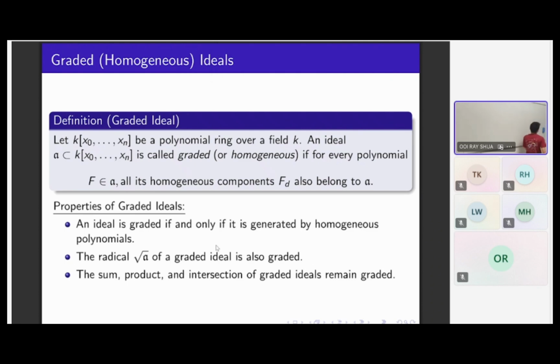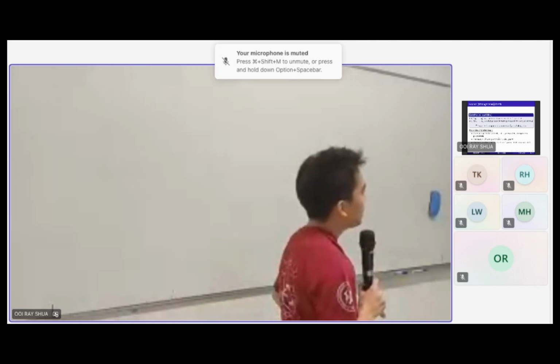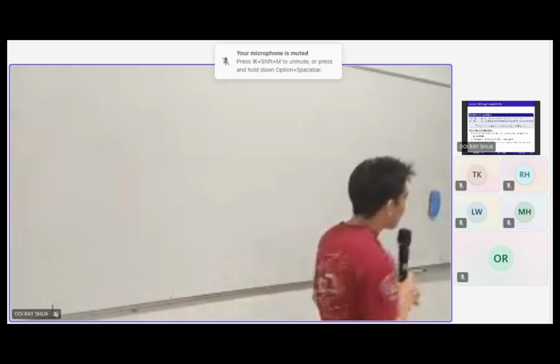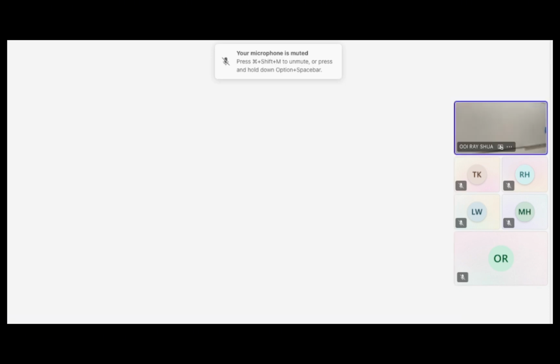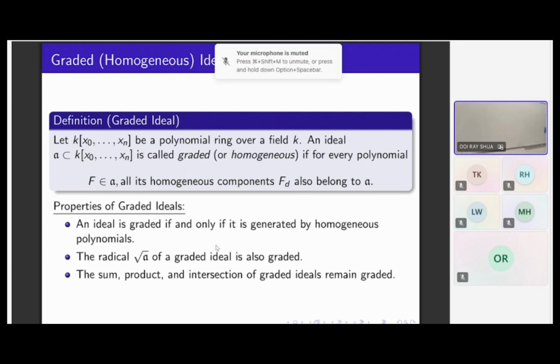So let's try this one, the second one. The first one, I think, has two directions. First, if you start from the right-hand side, generated by homogeneous polynomials, that would imply that the ideal is graded. Why? Because you use the homogeneous components to generate the ideal itself. So how should I write it out?